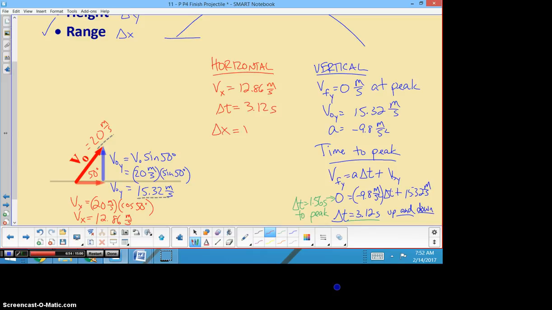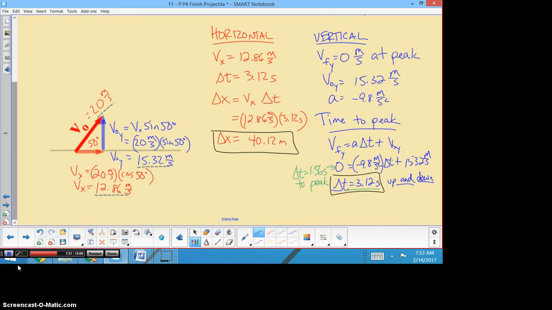Delta X equals Vx times delta T. We multiply our 12.86, or 12.8 meters each second, times our 3.12 seconds, and we get a range of 40.12 meters. So that is delta X. We've solved for the hang time. We've solved for delta X. With those pieces of information and what we've solved for, we can go ahead and solve for the height, which would be the last piece.